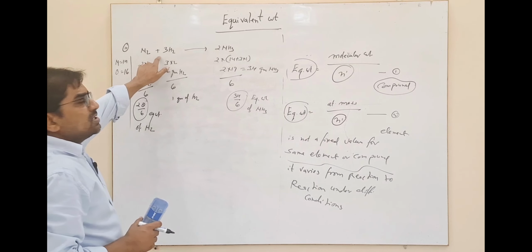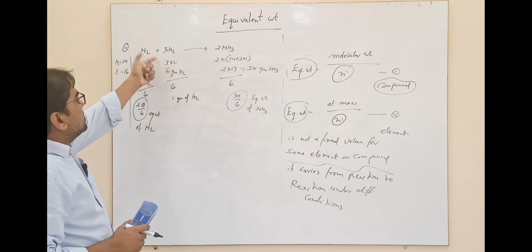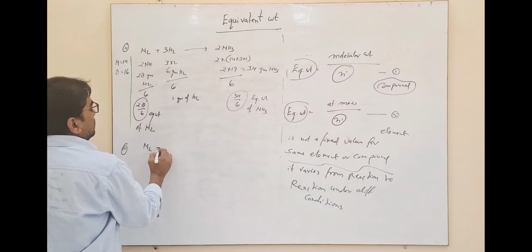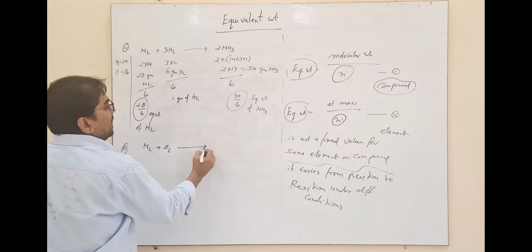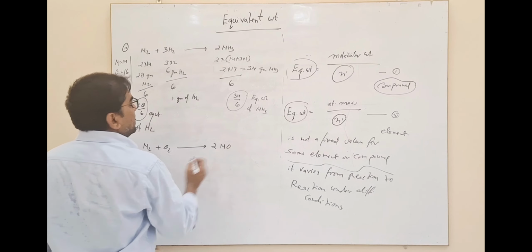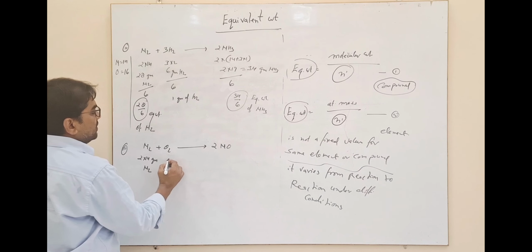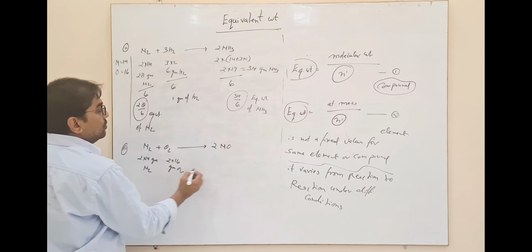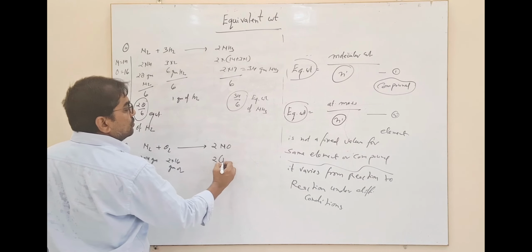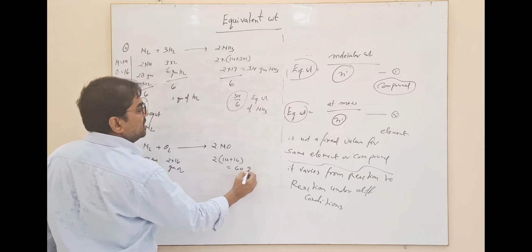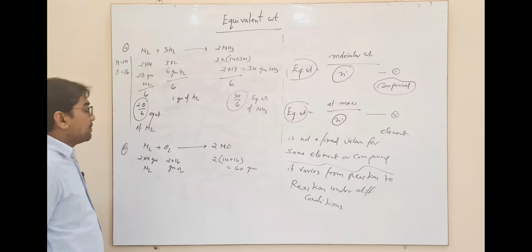Now the next equation for nitrogen is N2 combines with O2 and gives 2NO, nitric oxide. 2 into 14 gram of nitrogen reacts with 2 into 16 gram of O2 and gives 2 into 14 plus 16, that is 30, equal to 60 gram of nitric oxide.